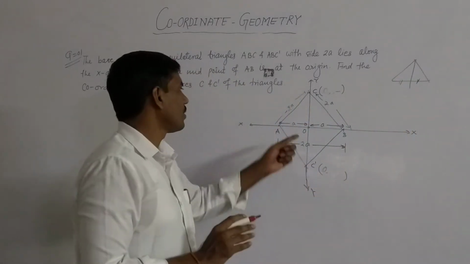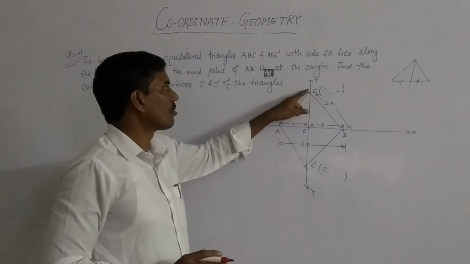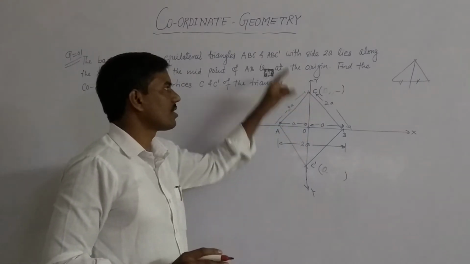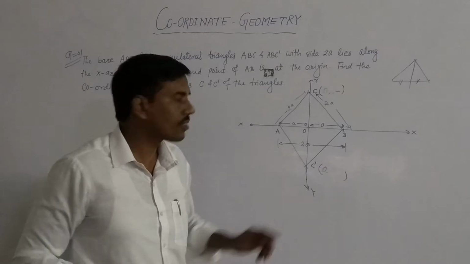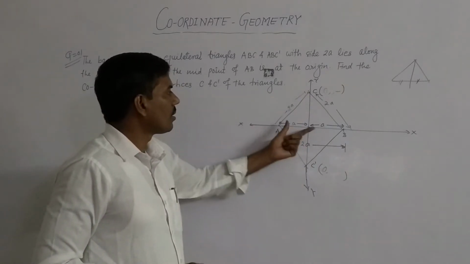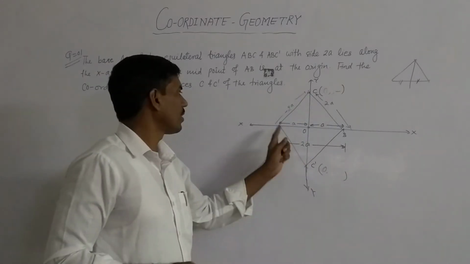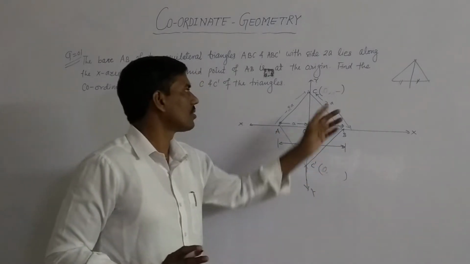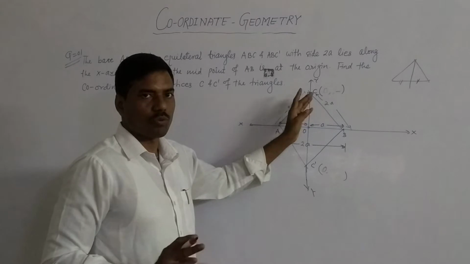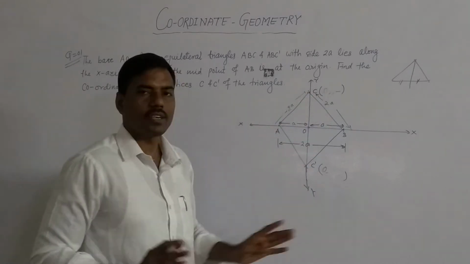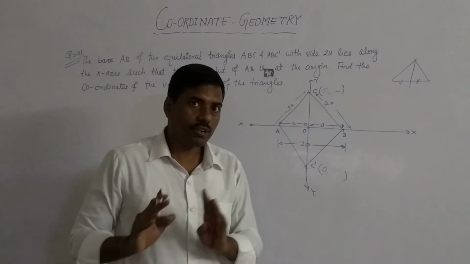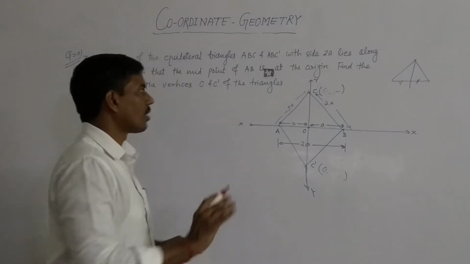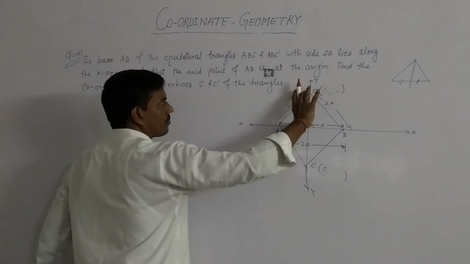The same pattern is here. Since the y-axis is perpendicular to the x-axis, if we draw a perpendicular to side AB, it bisects it, meaning AO is equal to OB. C is on the y-axis, so its x coordinate is 0. We have to find only the y coordinate, and the y coordinate is OC.